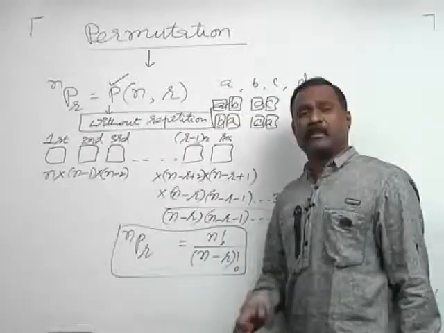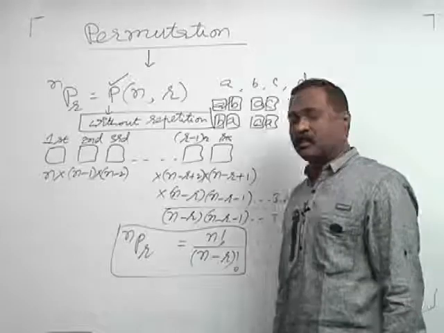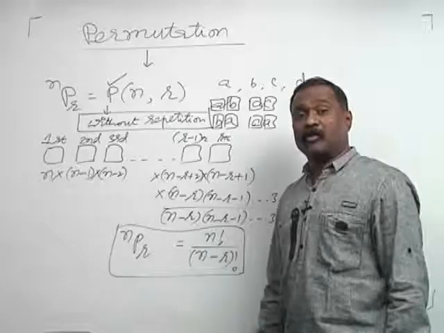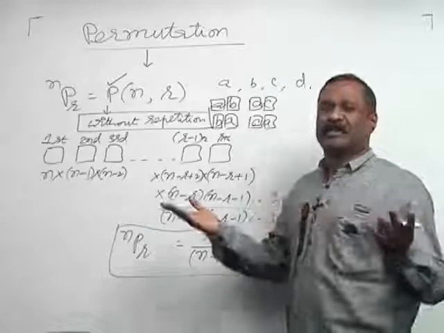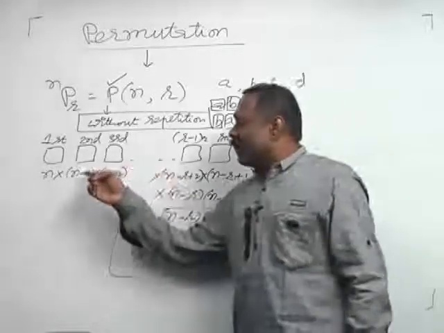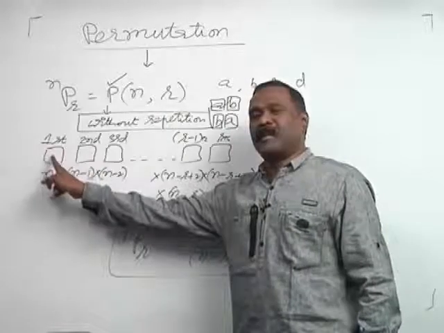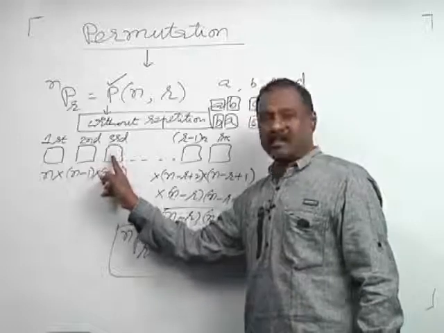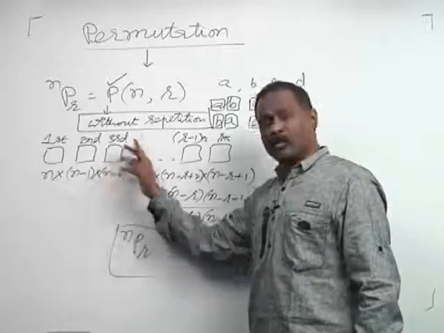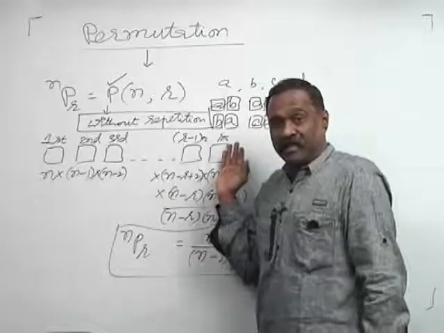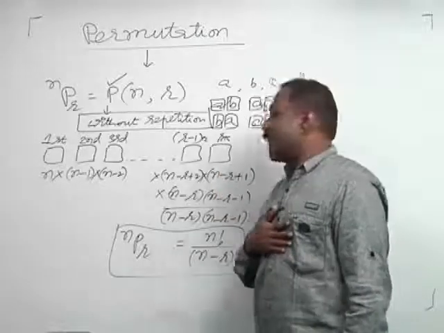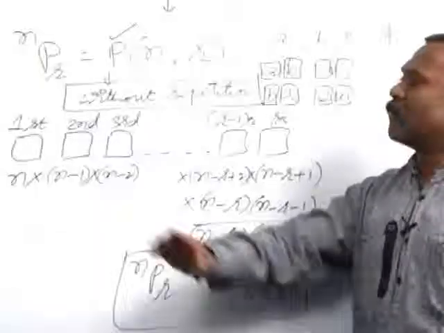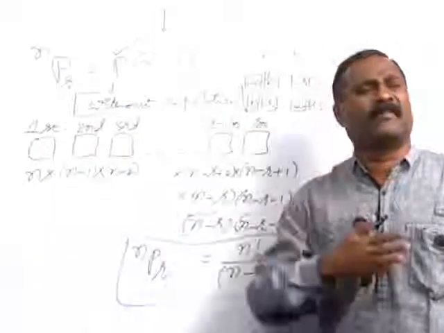So, without repetition, it is N factorial by N minus R factorial. Then what should it be with repetition? You can clearly understand, because without repetition, the thing used in the first blank place should not be used in the second blank place, nor in the third blank place, nor in the later blank places. That's what you have to understand. So, if repetition is allowed, what happens? The first blank place can be filled in N different ways.